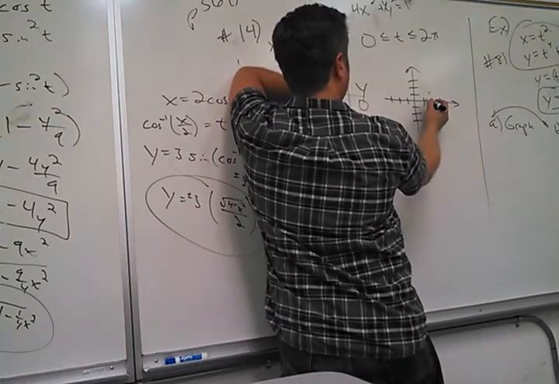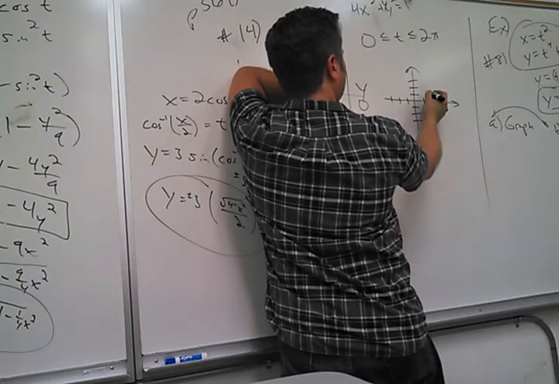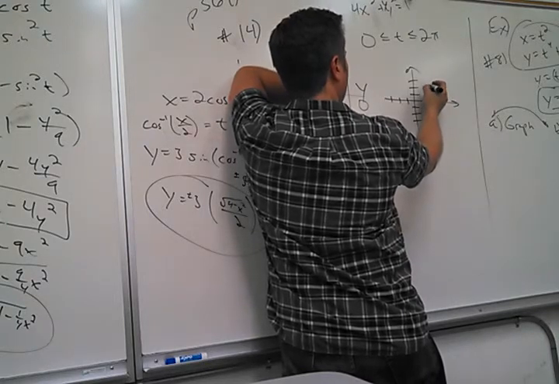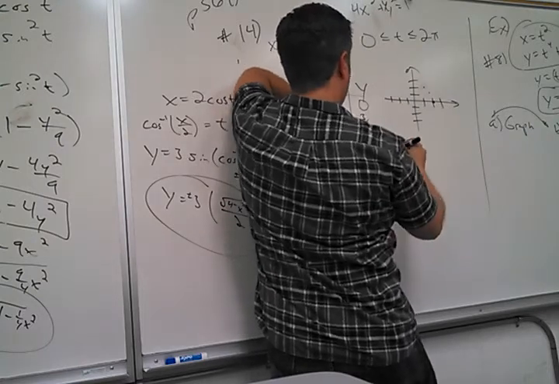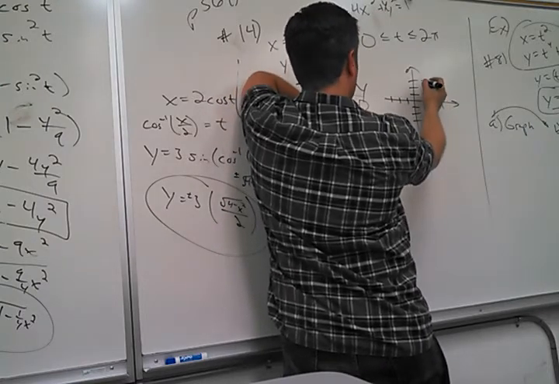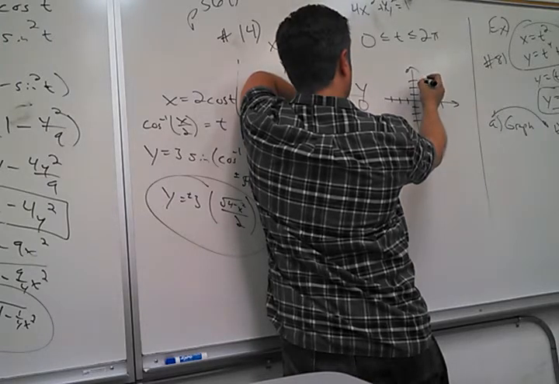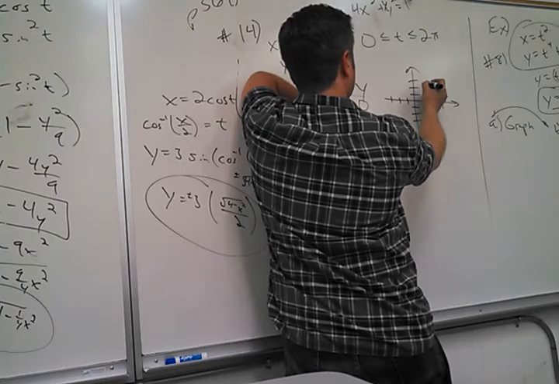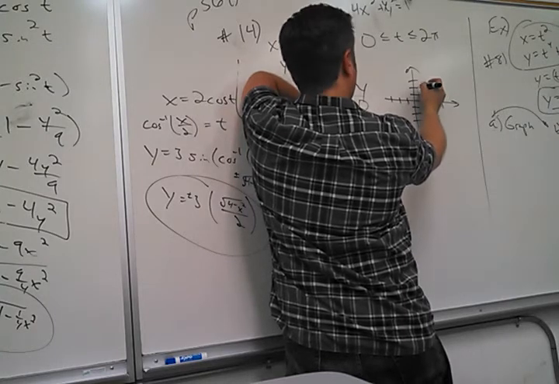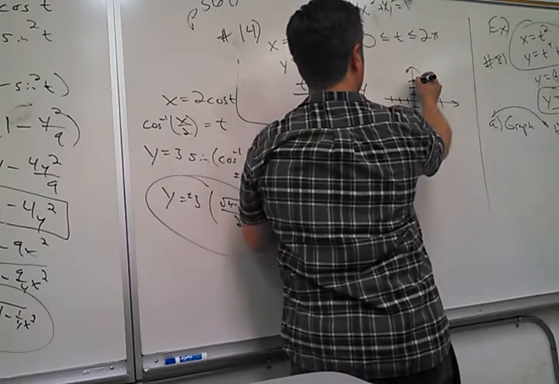And then 3 root 2, 2.1, I think. 2.12. Yeah. And then 3 root 3 over 2 would be like 2.4 maybe? I'm close. And then 0 is 3.